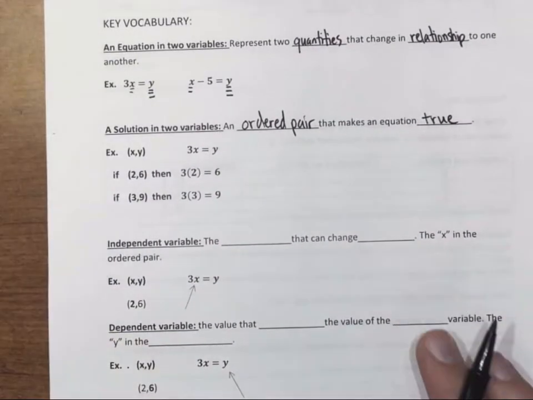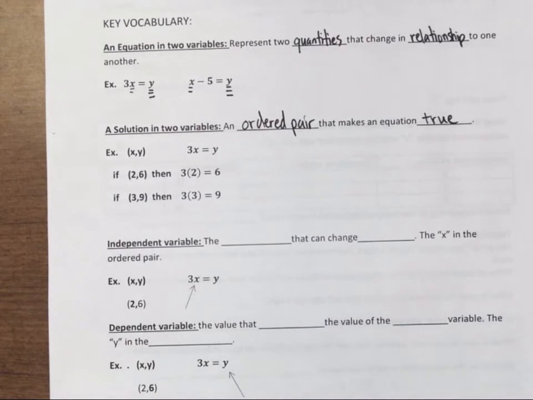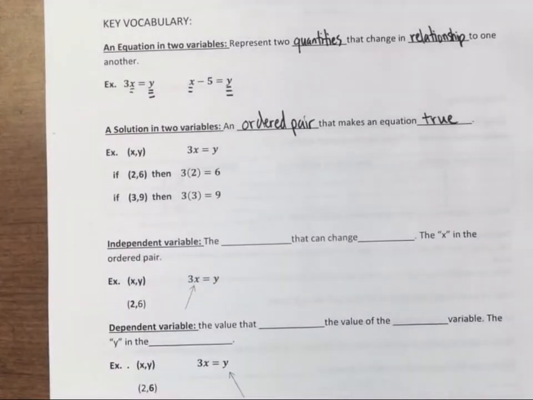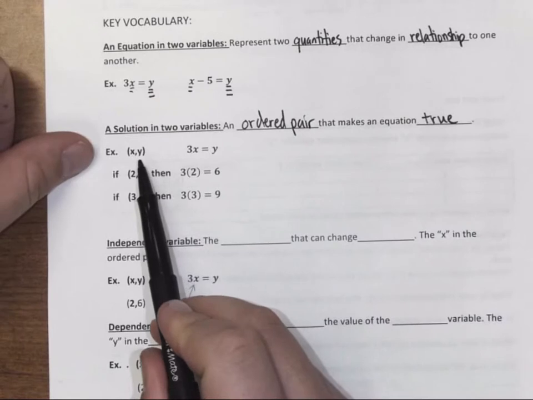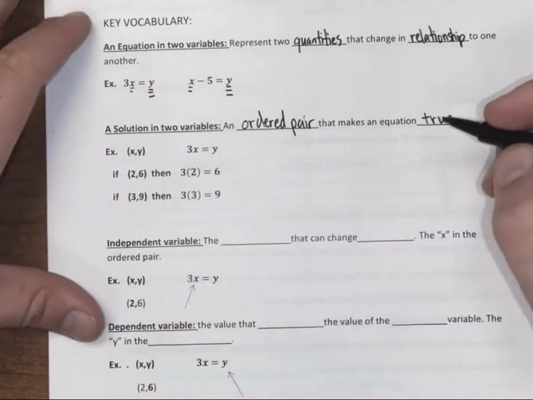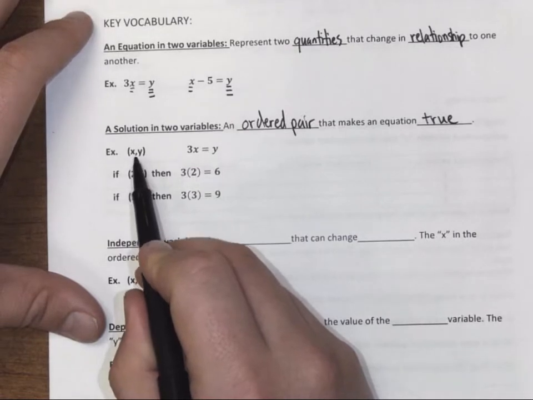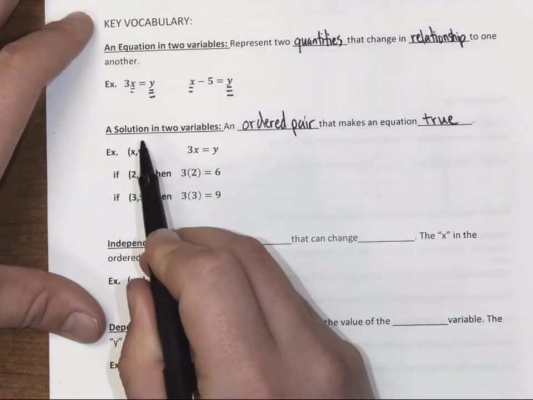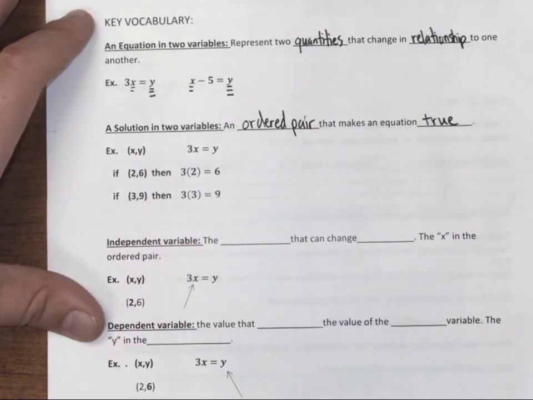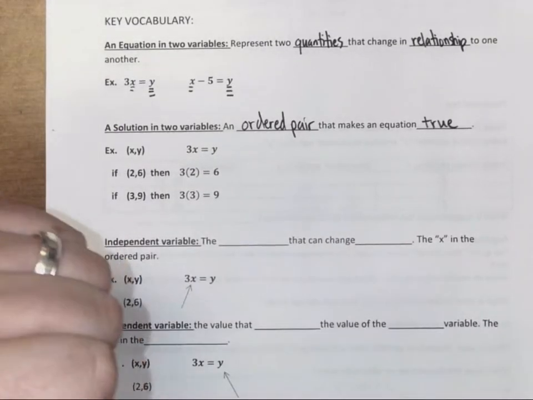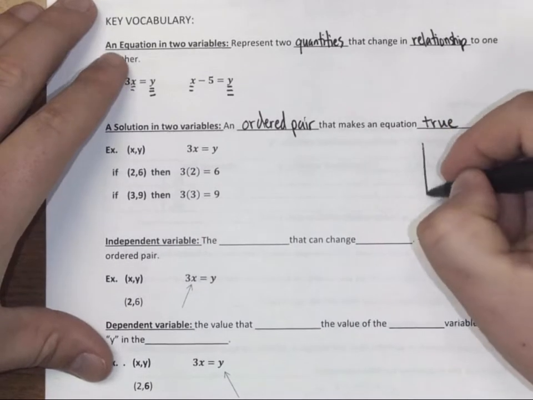We talked very briefly, in one of our last chapters when we talked about integers, which are positive and negative numbers, about the coordinate plane. And we talked about how on a coordinate plane, we have ordered pairs that give us coordinates, kind of like playing Battleship. In those coordinates, the values tell us where to plot a point on a coordinate plane, or a grid that looks like this.